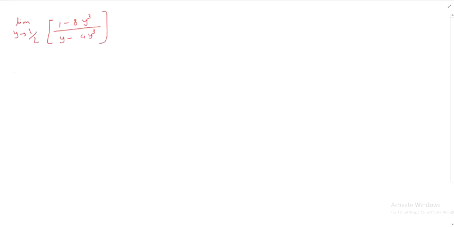Now how to evaluate this limit? We can evaluate this limit in this way. So let us have a solution. Let us see how to evaluate it.